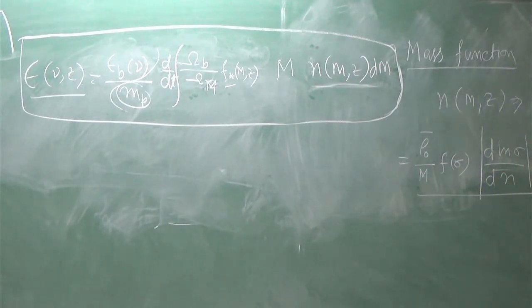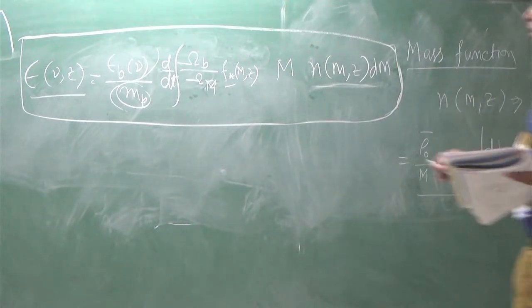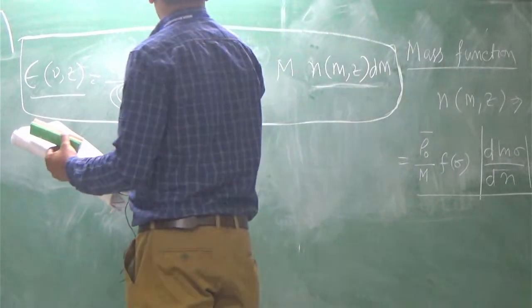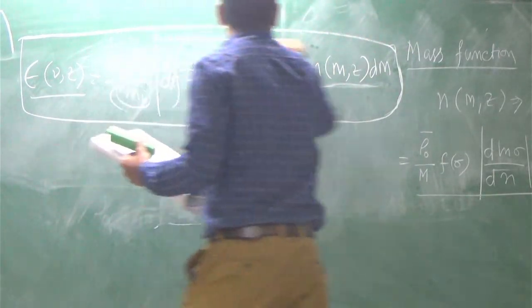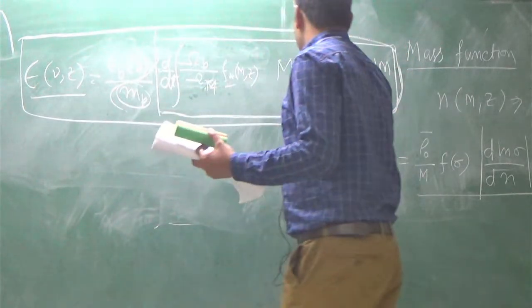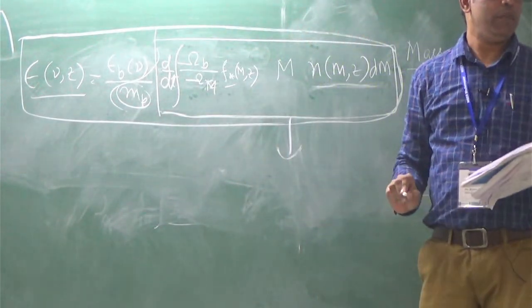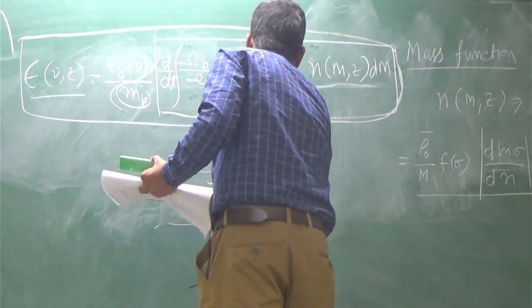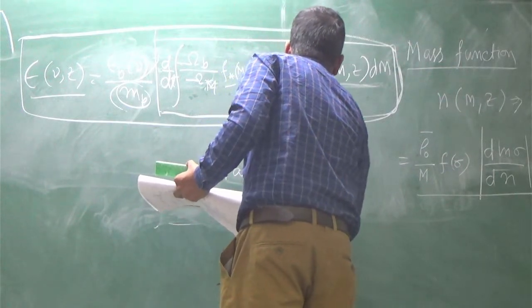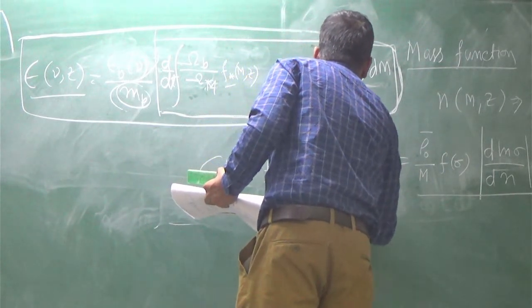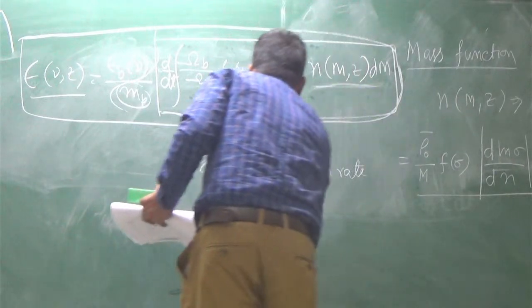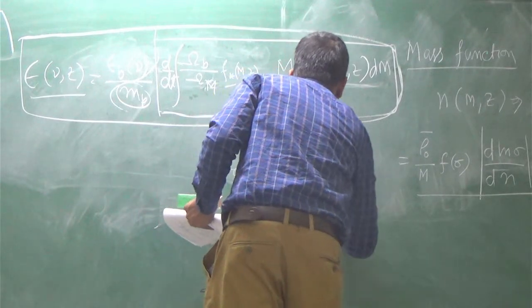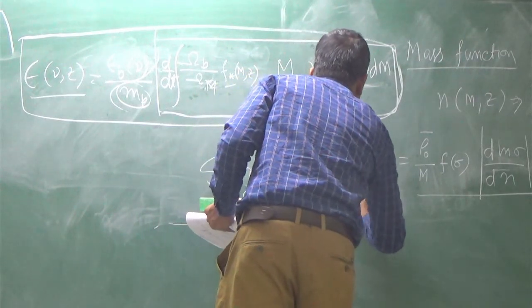This particular part is also known as the star formation rate density. You might have heard about star formation rate density, SFRD in short.